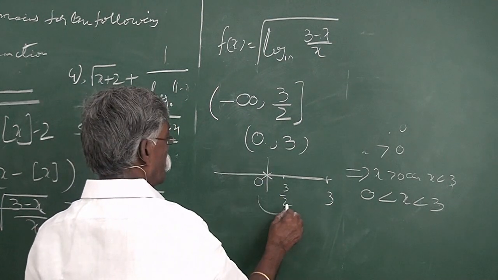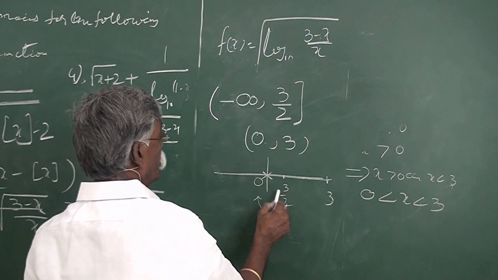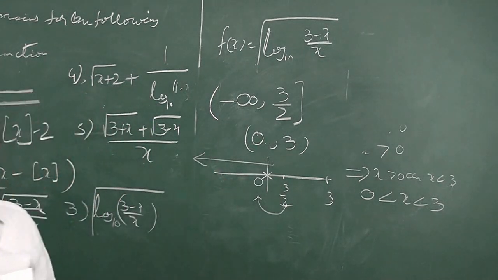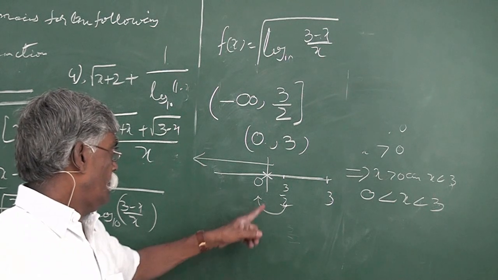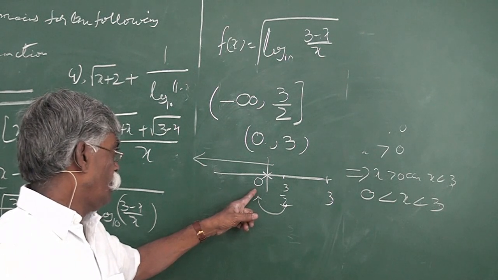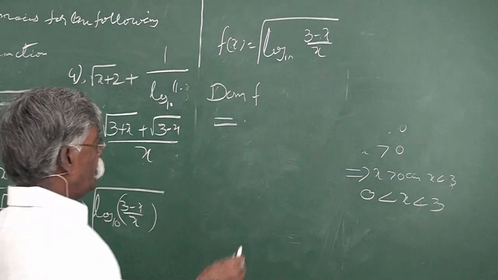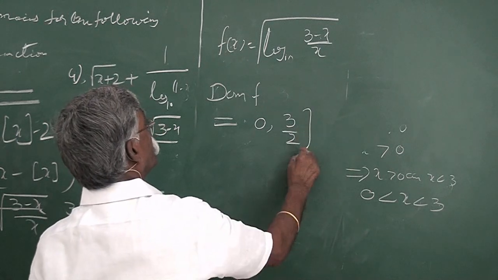According to this, we have to take the values from here to here, and according to this, we have to take the values from here. Therefore, the values which satisfy both are the values from 0 to 3 by 2.